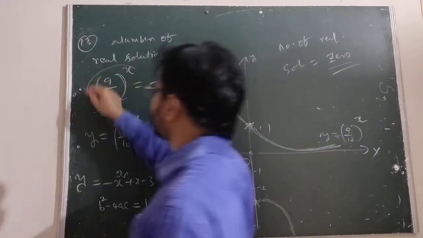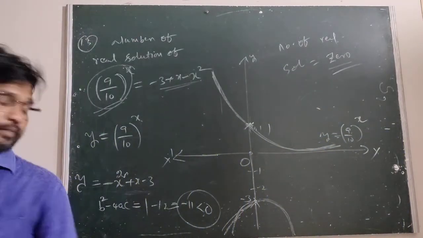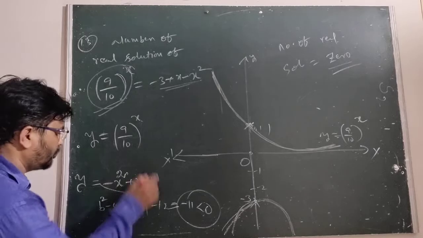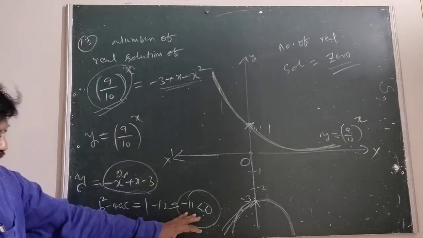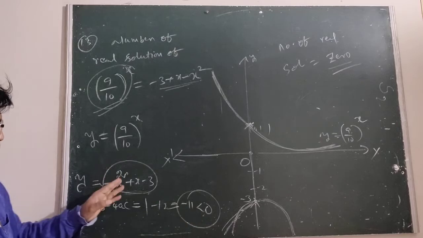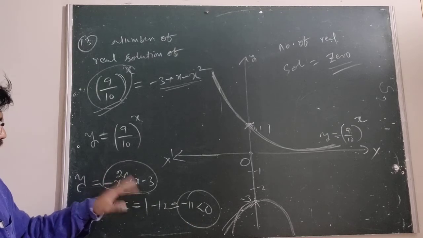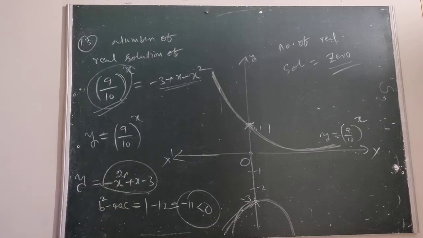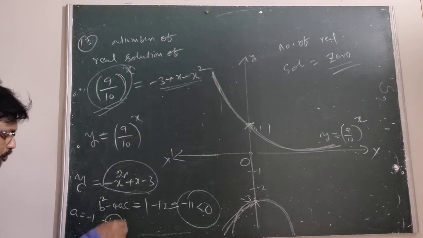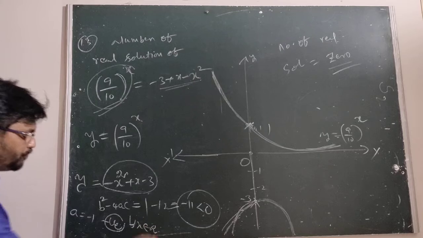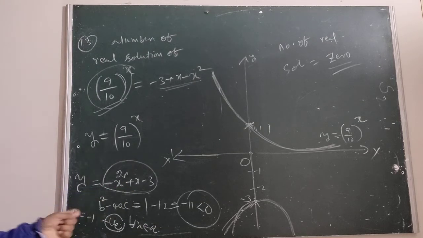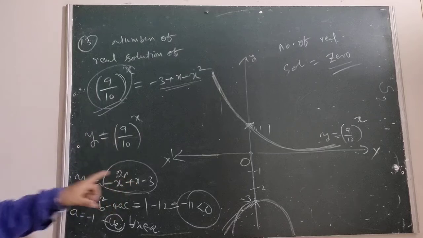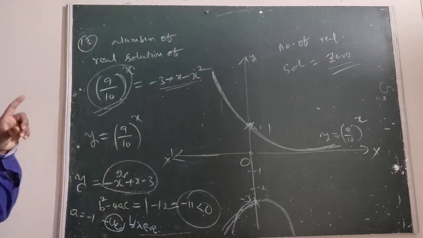One of the curves is always positive and another curve is always negative, because when the discriminant is less than 0, the sign of the expression is based on the x² coefficient. Here the x² coefficient is -1, negative, for all x belonging to R. If you take any real value of x, this function is always negative.